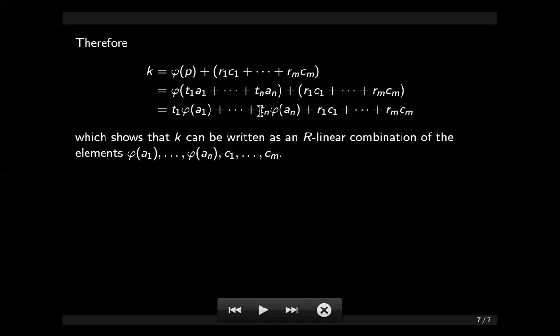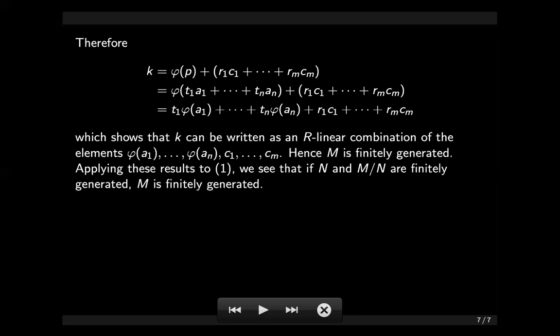And then we could just pull our phi through the sum, and we get a sum of elements of the images of generators plus the sum of preimages of generators, which exactly shows that we can write this element K as an R-linear combination of the elements phi of A1 to phi of A n and C1 through C m. So now we have shown that M is finitely generated.